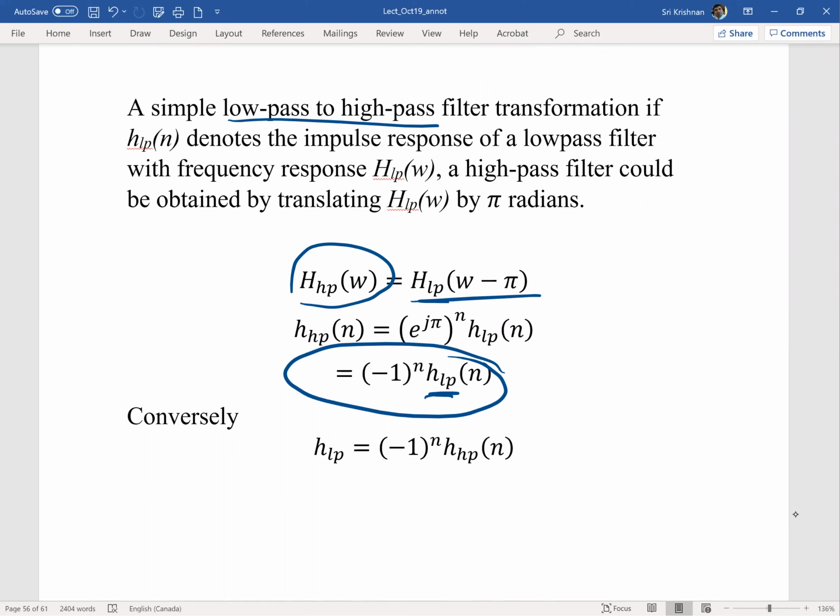And the same thing applies vice versa. If you have high pass filter coefficients and I change the signs of the alternate coefficients, I can get a low pass equivalent. So these are just simple tricks we could play with the numbers that we have to go from one filter to another filter.